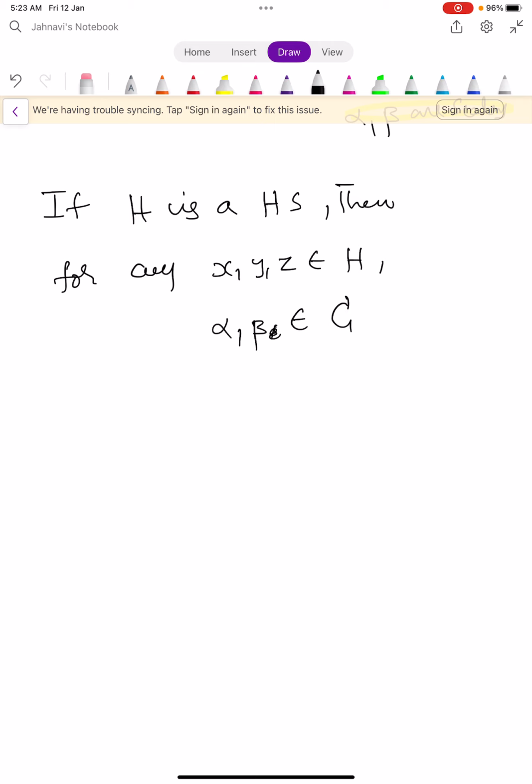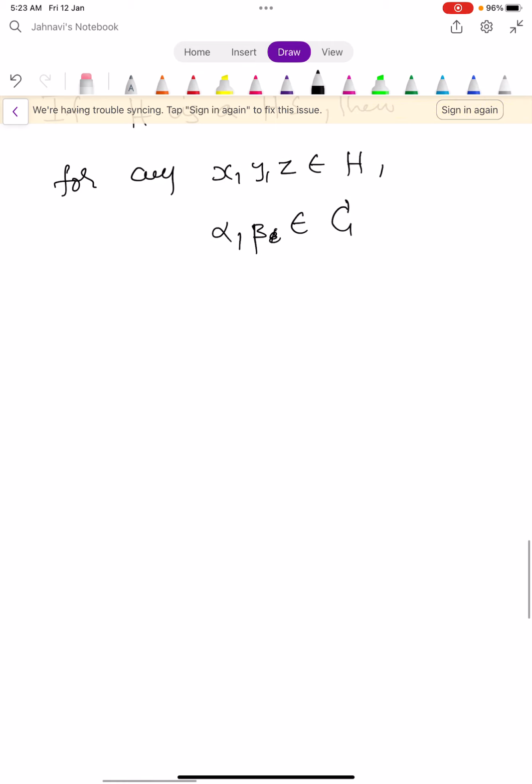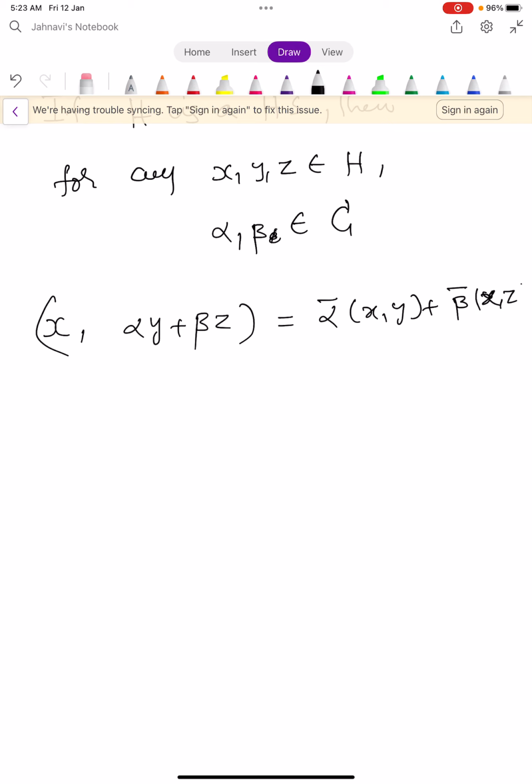If capital H is a Hilbert space, then for any x comma y comma z belonging to H and alpha comma beta belonging to the complex number set C, the inner product of x comma alpha y plus beta z is equal to alpha bar into inner product of x comma y plus beta bar into inner product of x comma z. We prove this result. Let us see.